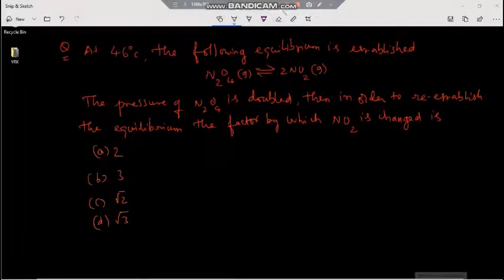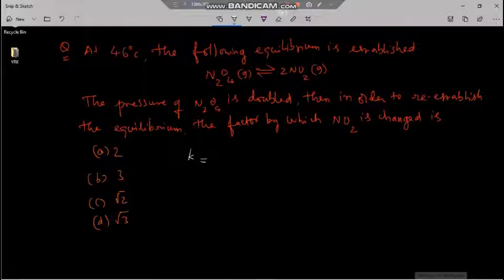See this one. At 46 degrees Celsius, the following equilibrium is established: N2O4 in equilibrium with 2NO2 gas. If the pressure of N2O4 is doubled, then in order to re-establish the equilibrium, the factor by which NO2 is changed is. So first of all, we should know the equilibrium constant for this given equation.